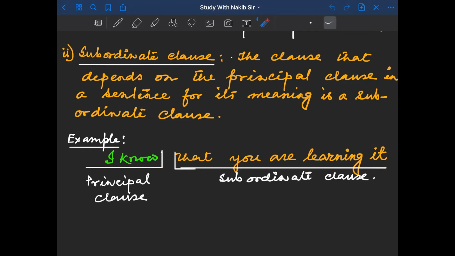So the sentence "I know that you are learning it" is a complex sentence consisting of two clauses. The first one is "I know," the principal clause, and the second one is "that you are learning," a subordinate clause. Okay.